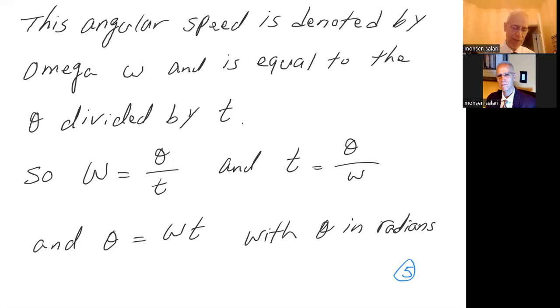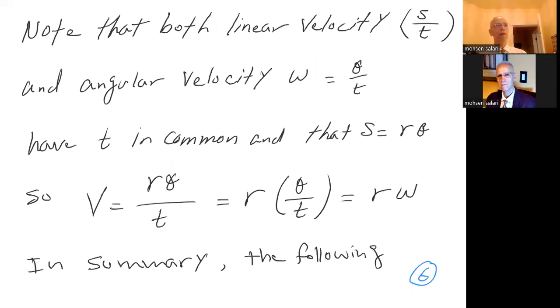Let's go to page 6. Noticing that both linear velocity, that is S divided by T, and angular velocity omega, that is theta divided by T, have T in common. And considering the fact that S, or the size of the arc, equals radius times theta, now we can do some algebraic manipulation.